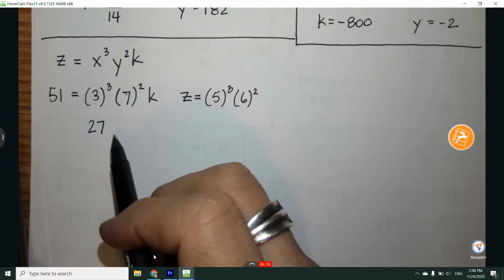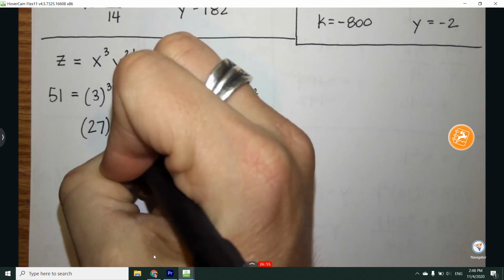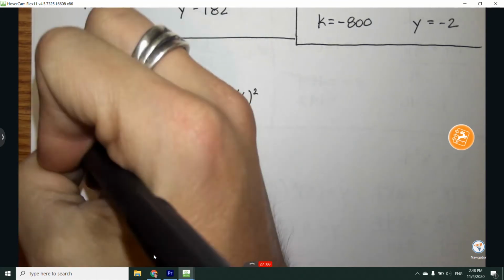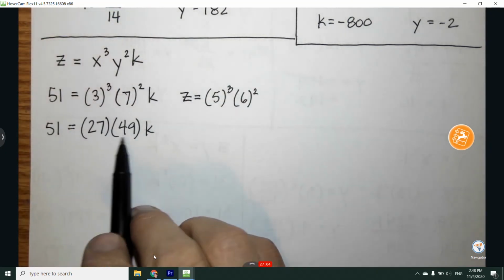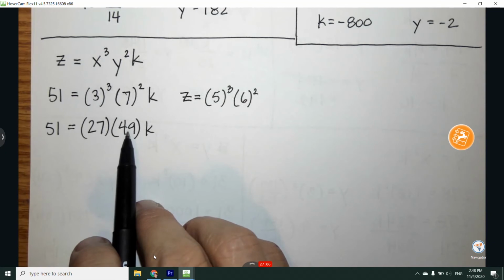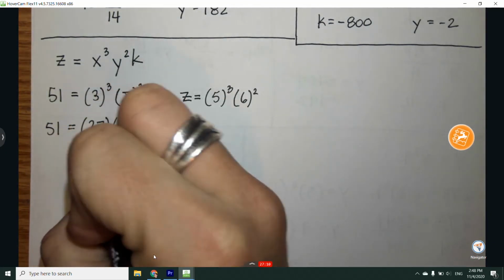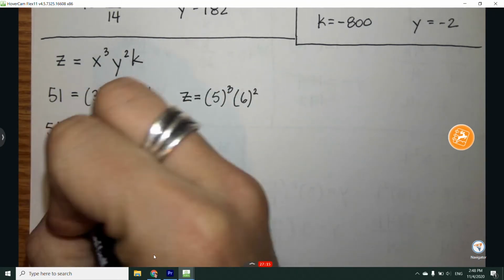Now, if we square 7, we get 49. And then we still got our k, so we're going to have to multiply 27 times 49, which gives us 1,323, and that's still times our k.